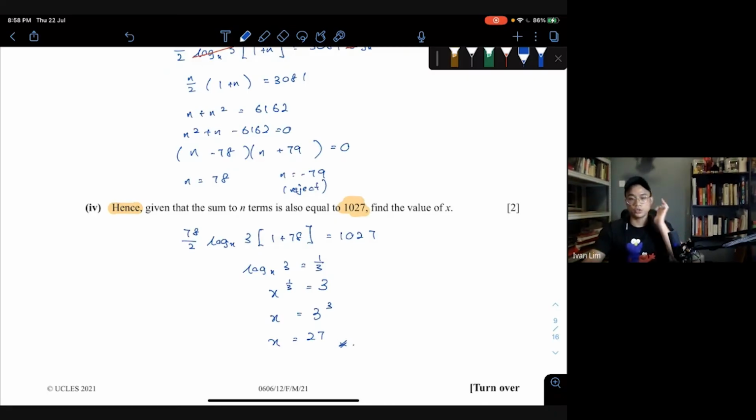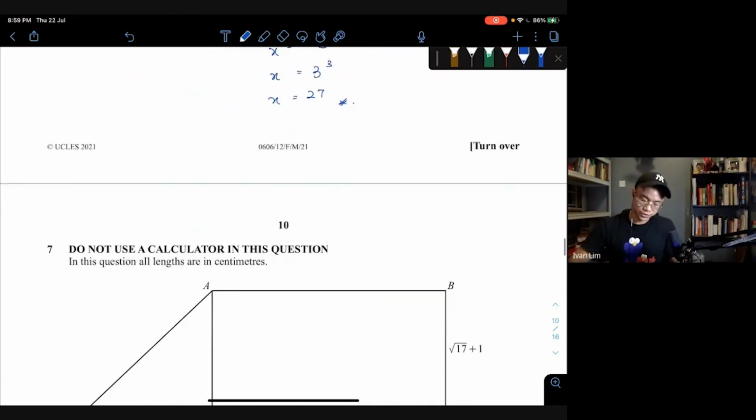Okay, x equals 3 cubed, which is equal to 27. Okay. Cool. Pretty easy question. Next one.